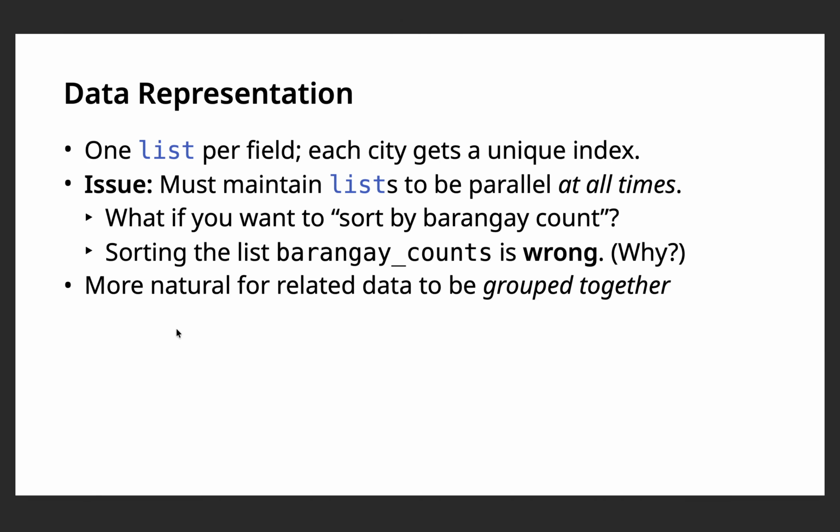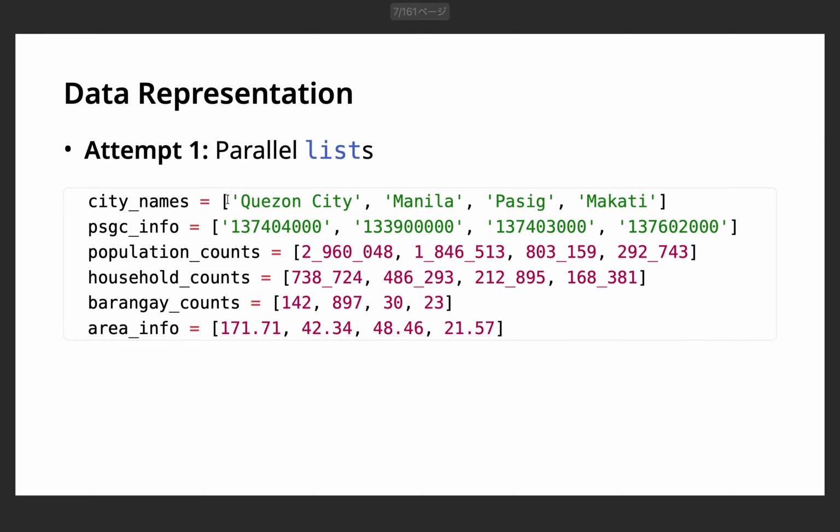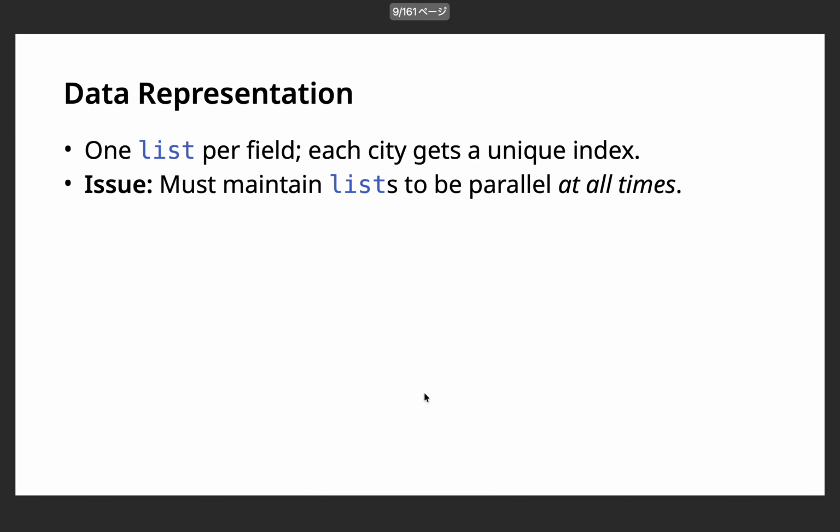So because of that, it would be a better idea to actually group all of your related data together. So for example, the first entries here, you want to somehow group all of them into one thing. So how do we do that?